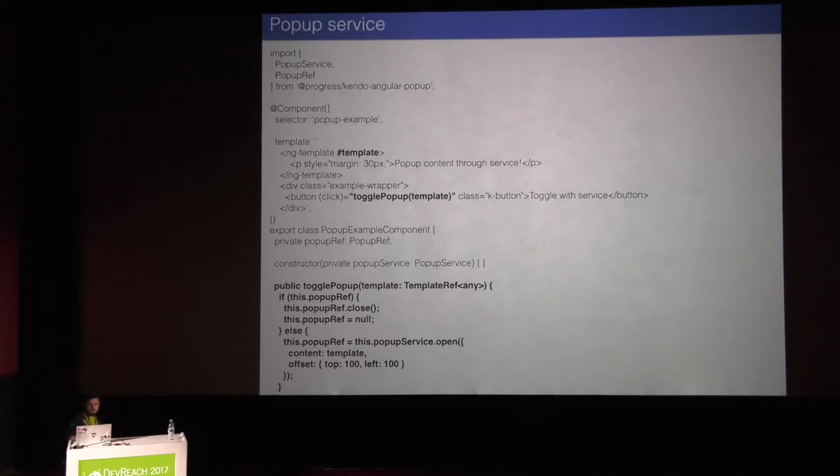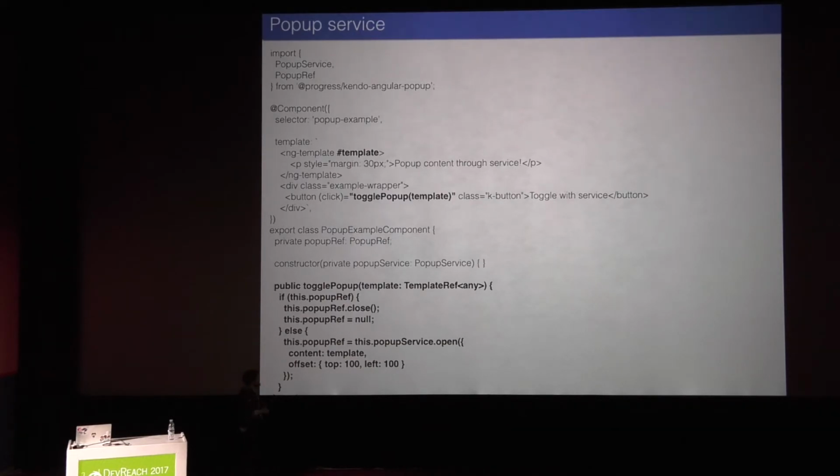Alright, let's have a look at the pop-up service, because that also exists. There might be cases when we don't want to show the template with a hidden boolean that says whether to show it or not. We might want to do it programmatically, and not declare everything like we did. So we have a pop-up service that we can inject here.